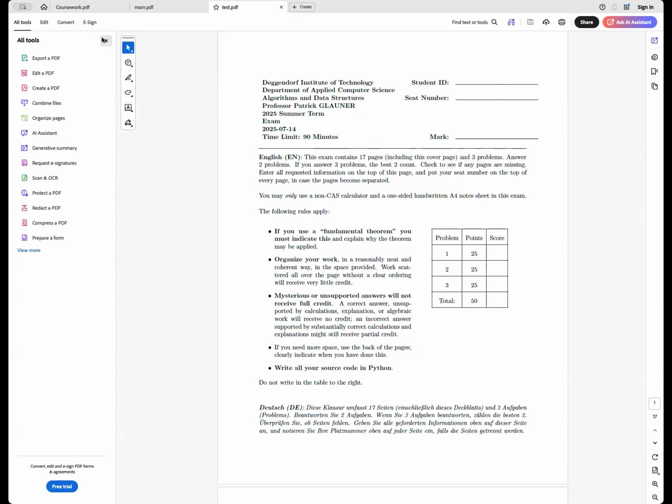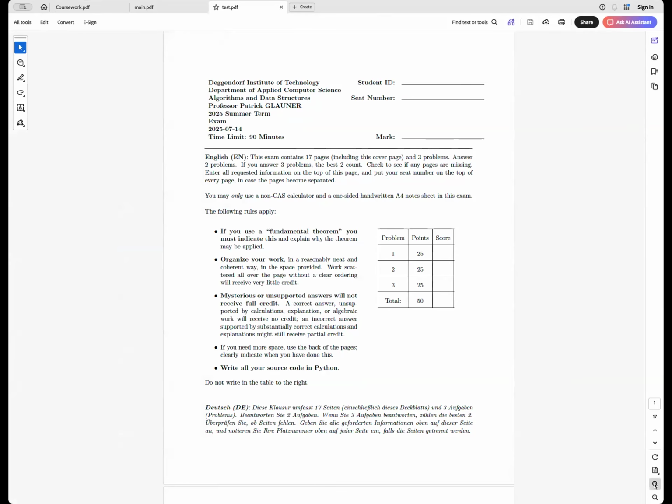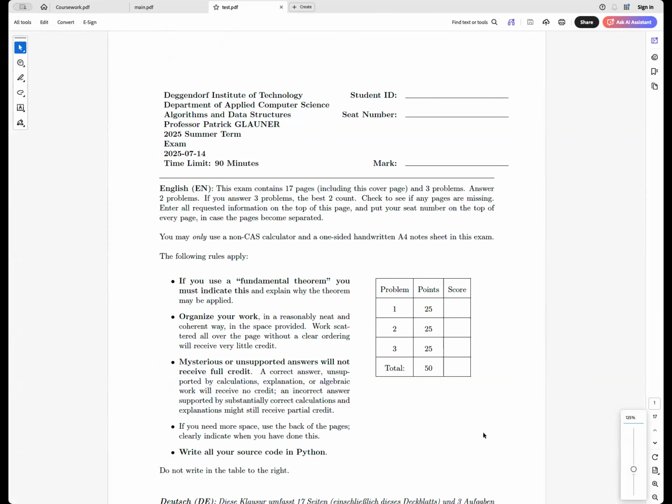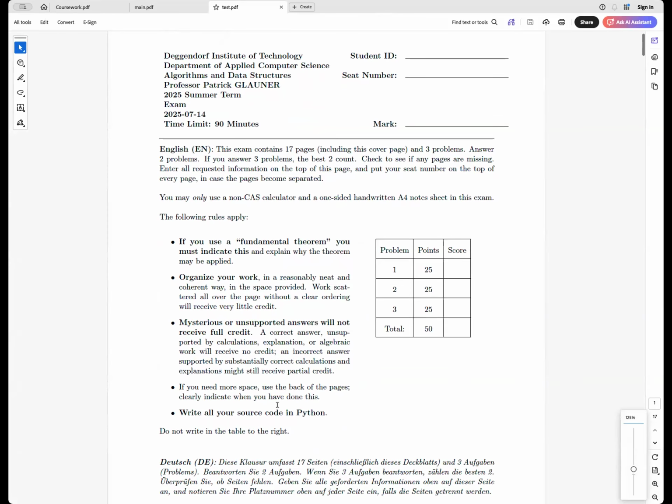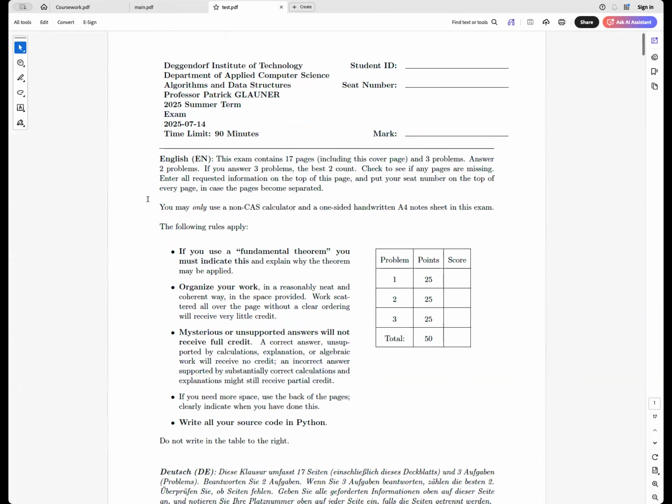So this is, for example, the exam we had last year. What is exactly in the exam doesn't matter for now, but what the exam says is the kind of tools you can bring. You can bring a calculator, which is any kind of calculator with which you can do fractions, sine, exponential functions, and this kind of stuff is fine, but you're not allowed to bring a computer algebra system. So don't bring a calculator that you could program or whatever.